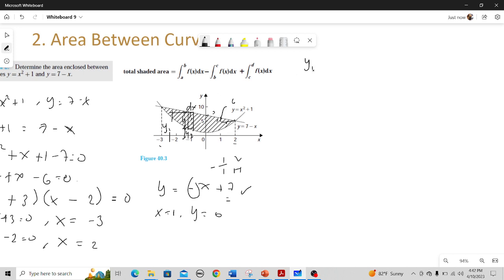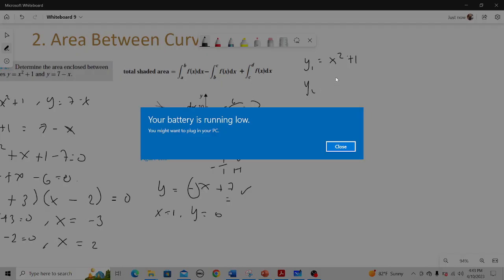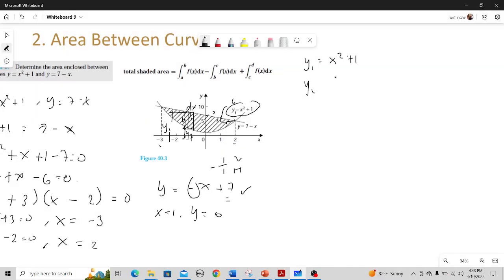What is y1 from this equation? This curve is x squared plus 1, and the other one is y equals 7 minus x. So the top curve is 7 minus x, and the bottom curve is x squared plus 1.